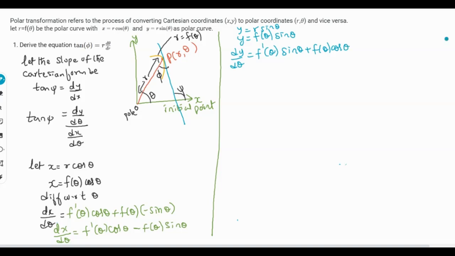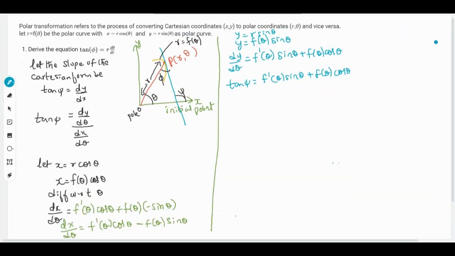So now we have to substitute in tan phi. So tan phi will be f dash theta sin theta plus f theta cos theta, divided by dx by d theta, which is f dash theta cos theta minus f theta sin theta.